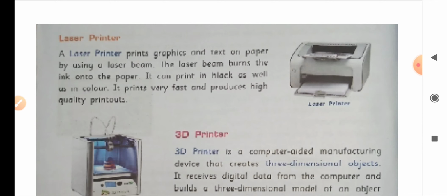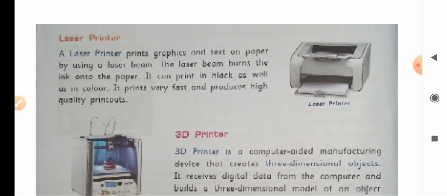Here in the laser printer, what happens on the paper? It is printing text on the paper by using a laser beam. What is a laser? All of you have seen a laser light, isn't it? So the same type of laser light is used as the laser beam.